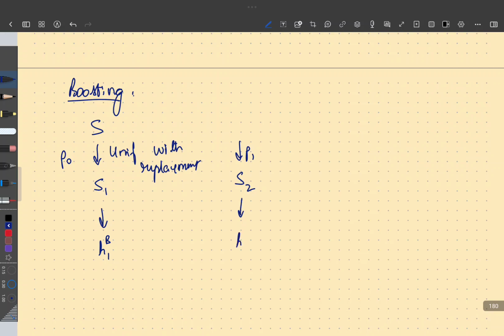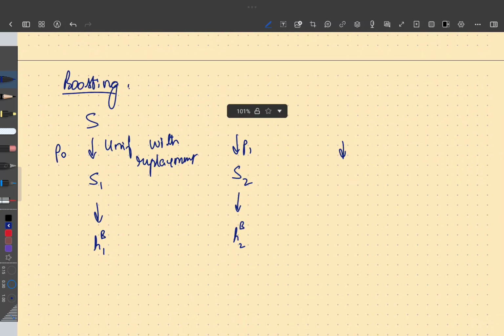And using S2, you run ERM to get a new predictor H2B. Now, depending on how well H1B and H2B performed, you tweak the distribution P1 to give a new distribution P2. Again, sample according to P2 to give S3.